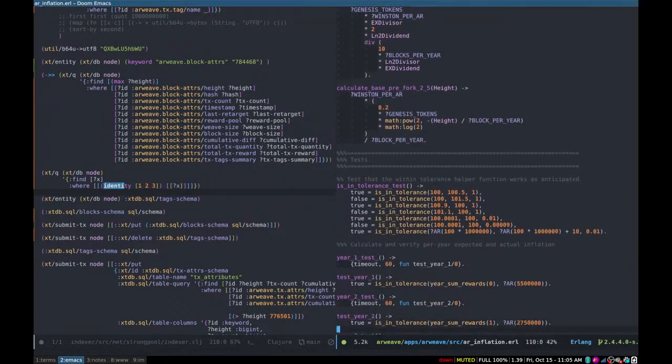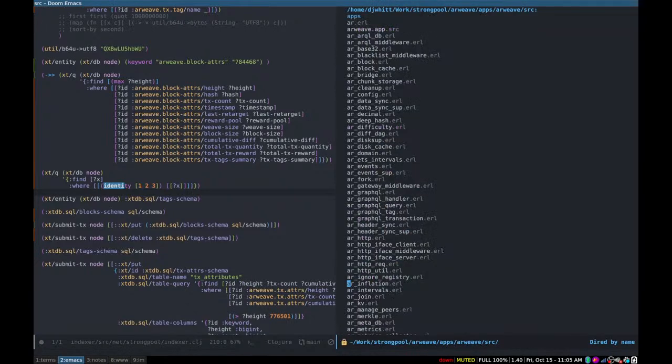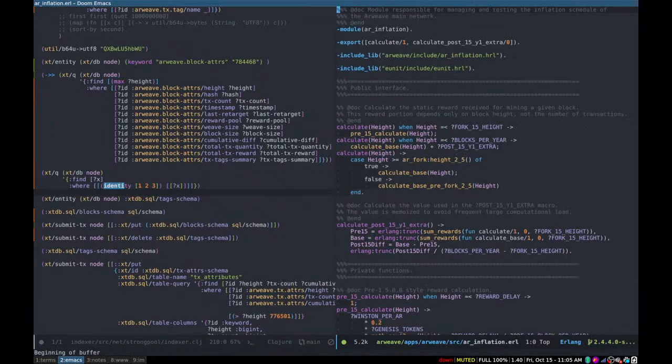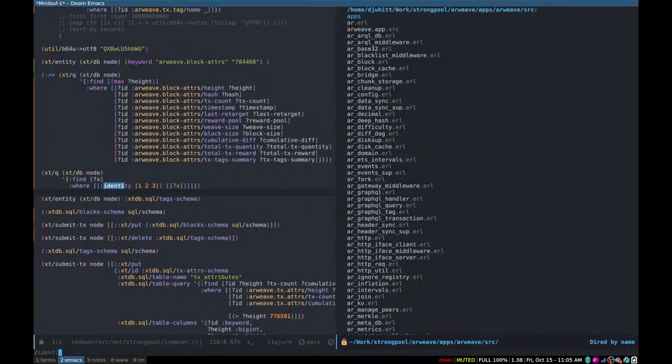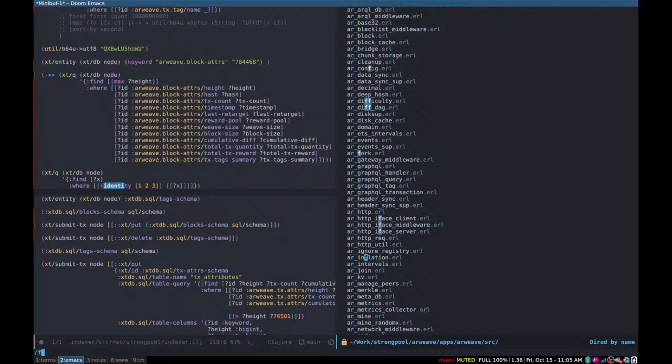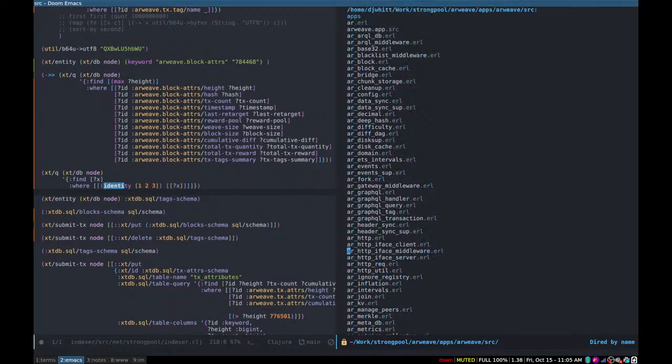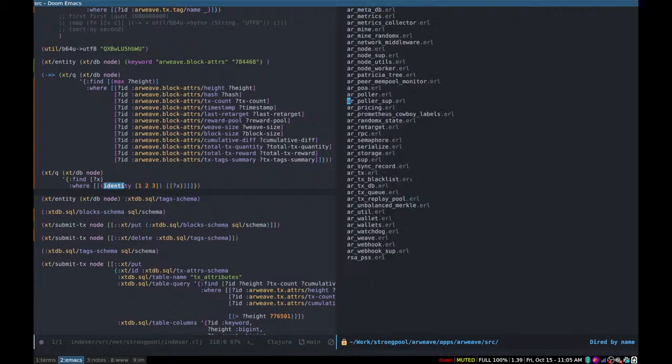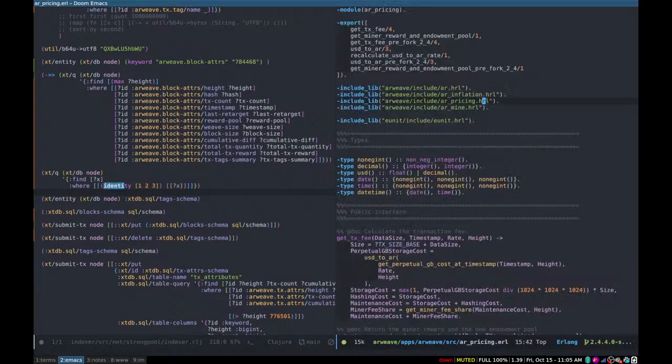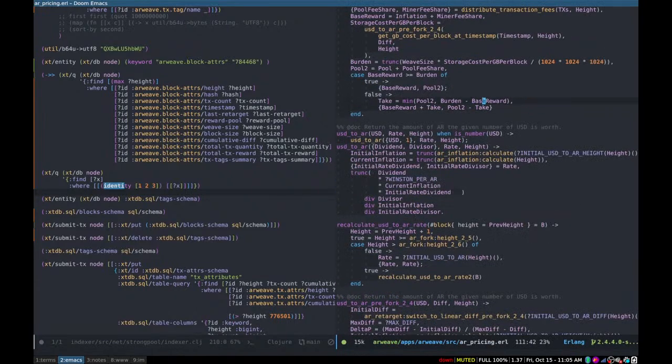The best place to look for all this stuff is in the code. You do have to search around a little bit, like inflation, and fees. What's the name of that one? I've looked at it before. Yeah, pricing. There's a bunch of stuff in pricing, and then you have to find the constants that you have to look up.